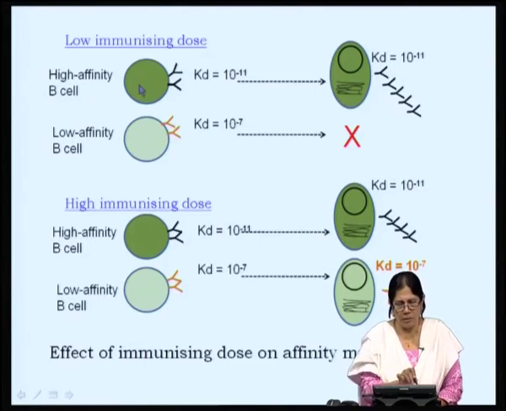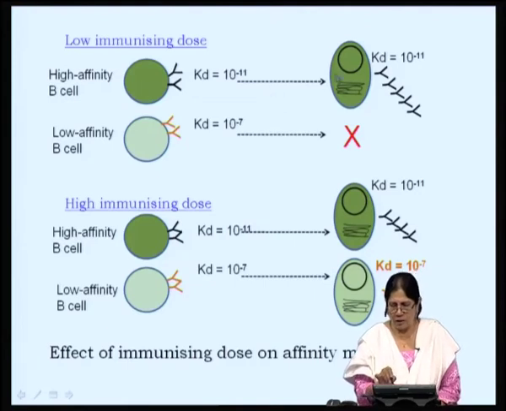Let us say this B cell has an affinity of binding to the antigen on the order of 10 to the power minus 11, so it becomes the femtomolar range. With a very low immunizing dose, let us say something like 10 micrograms in rabbit, you would get an immune response generated, but very few B cells would get activated, because only the high affinity ones would. Only these would then get activated, proliferate, differentiate and become plasma cells.